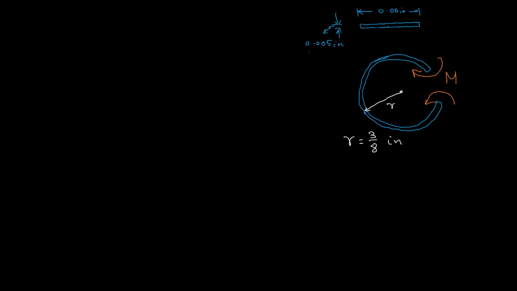In this segment, we will take up a problem from bending. Okay. Now, how the problem goes is like this. There is a steel strip, basically, whose length is some length that we don't know yet, and the width of the strip is 0.06 inch and the thickness is 0.005 inch.